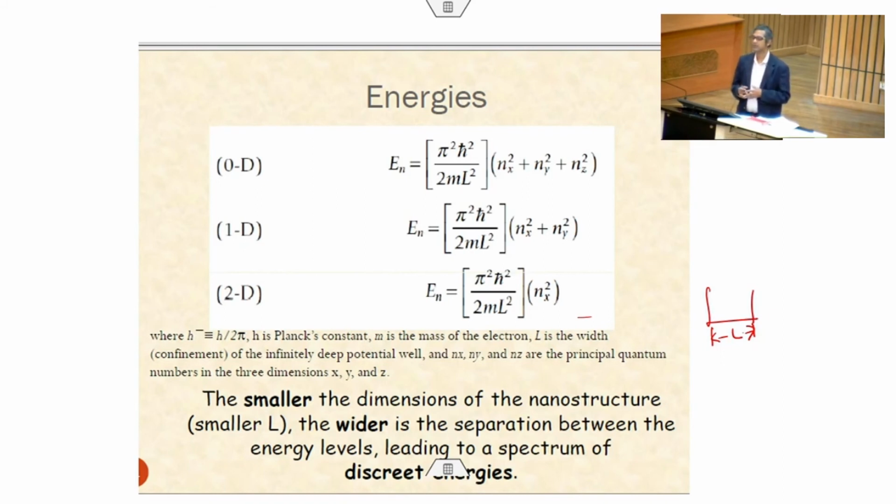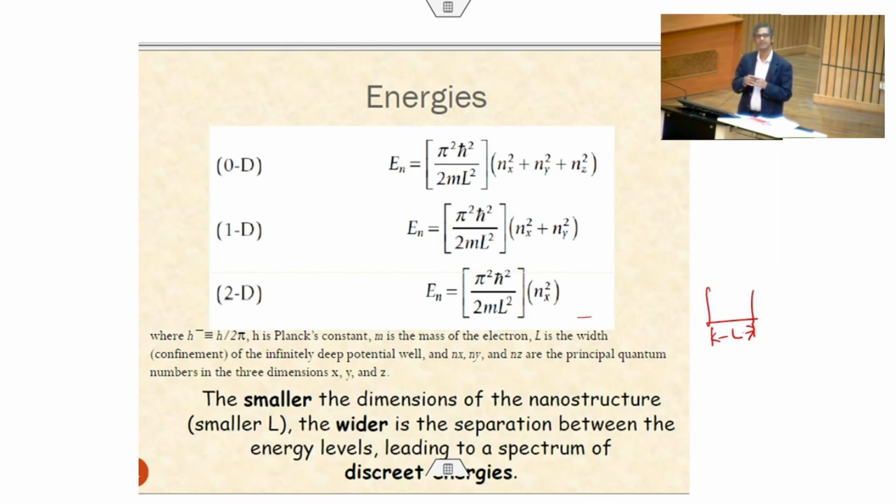So, therefore, its energy E n, which is the energy of any of the bands, depends on n x square, correct, only in the x direction. So, you can add up this for 1D and 2D. In the next case it will be n x square plus n y square, and in 3D it will be n x square plus n y square plus n z square. So, what does it mean? Energy levels are quantized and confined only in the x direction.